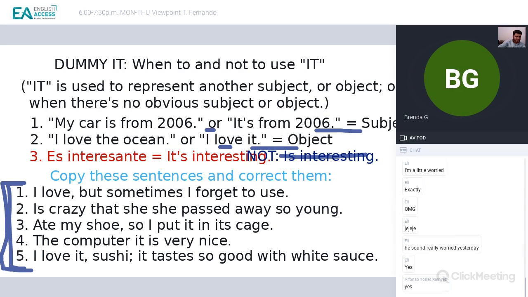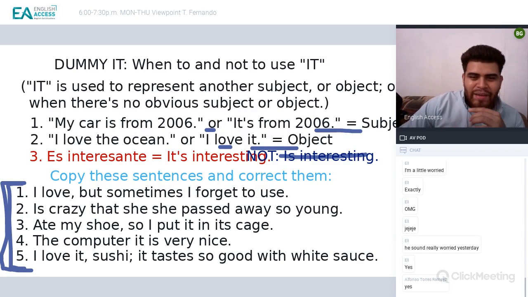Sorry, again? Okay, there we go. Let me turn off my fan. No, no, it was my fault because I had my speaker connected. Oh, sorry. Okay, yeah, but I can hear you now. Okay. I love it, but sometimes I forget to use it.